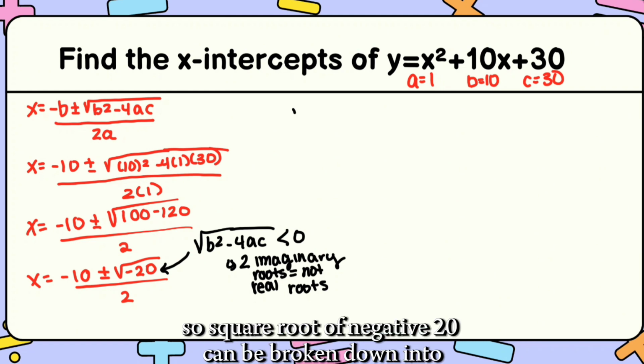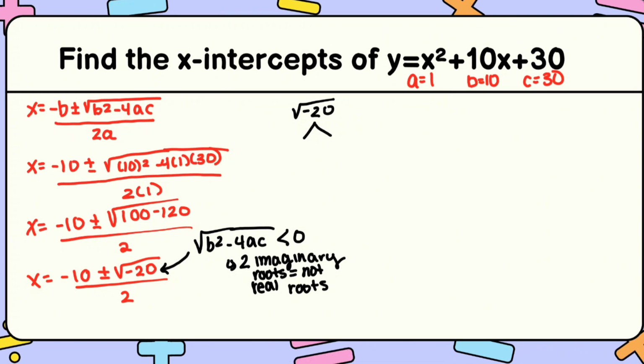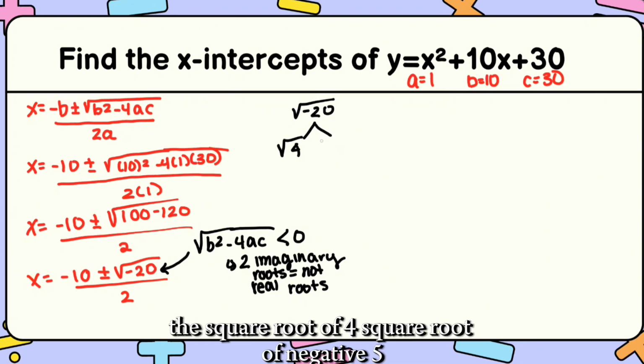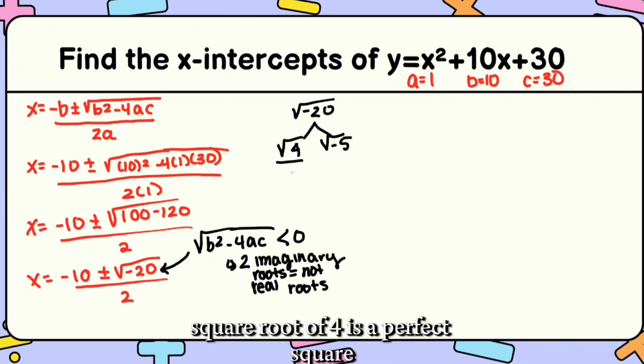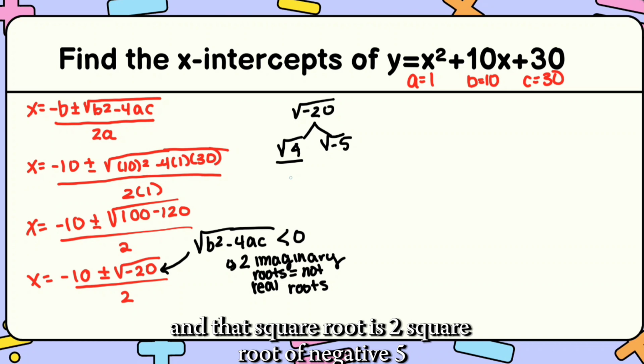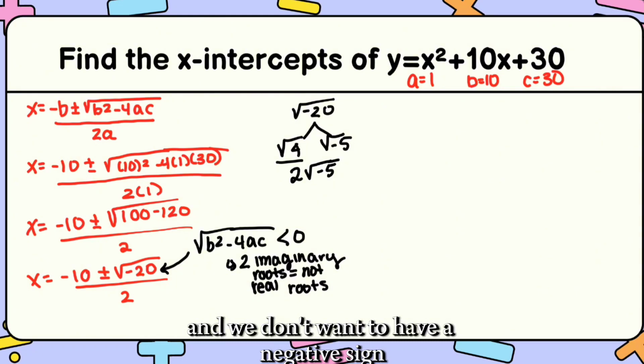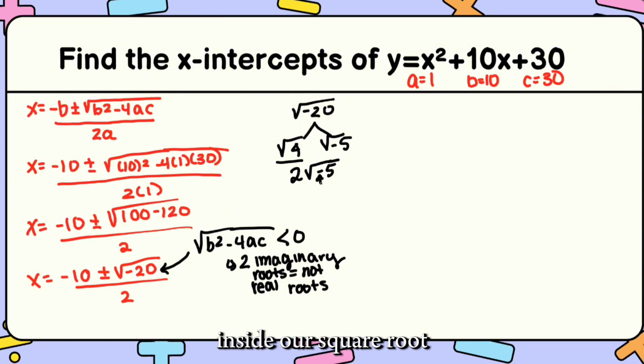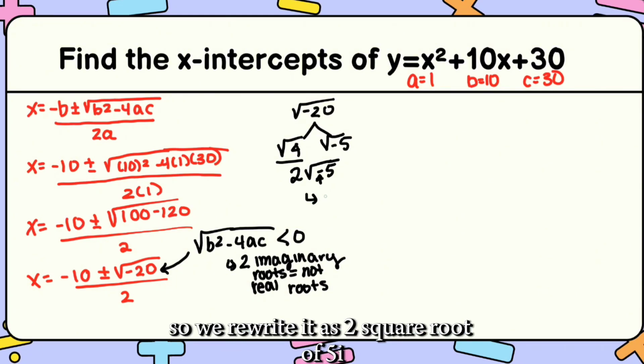So square root of -20 can be broken down into the square root of 4, square root of -5. Square root of 4 is a perfect square, and that square root is 2, square root of -5. And we don't want to have a negative sign inside our square root, so we rewrite it as 2 square root of 5i.